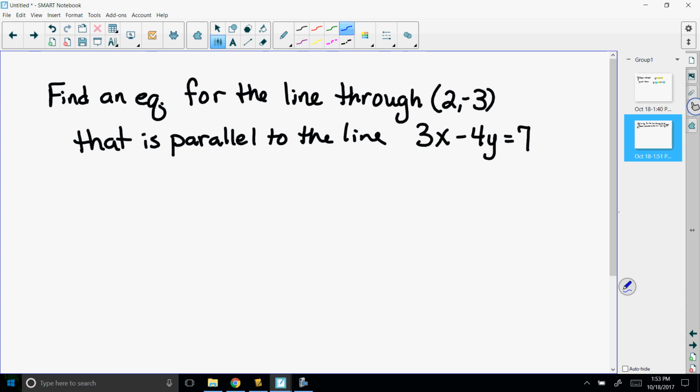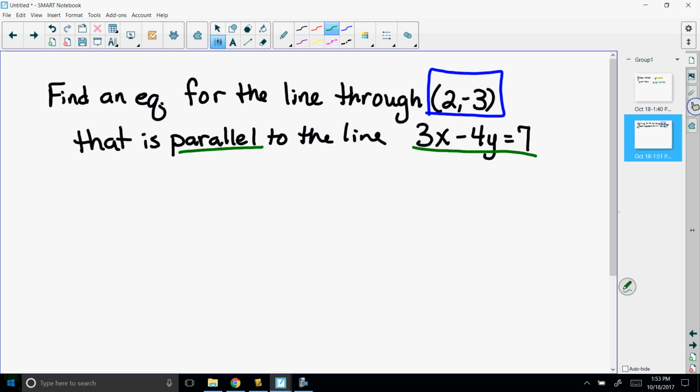Look familiar? Yep. I want an equation for a line that goes through this point. So that point is on the line for the equation that I'm looking for. The second thing that it says is it's parallel to that line.